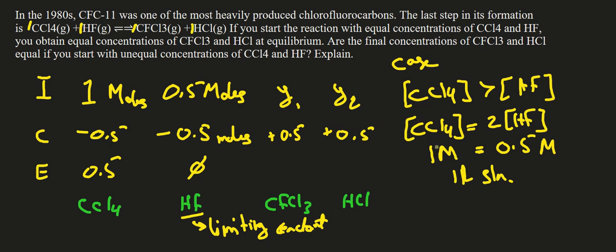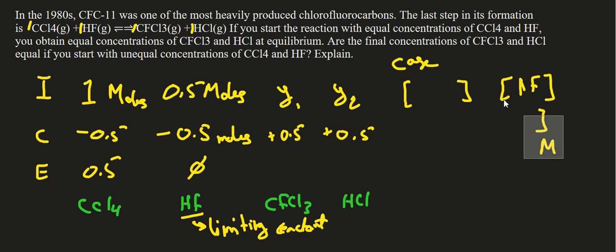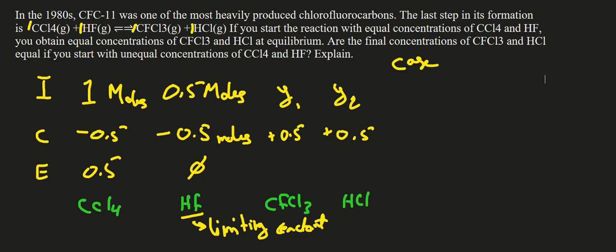So you write here, let me erase this now. This is, by the way, case 1. So this is case 1, and we know that Y1 equals 0, Y2 equals 0, as in the initial concentration of them are 0.